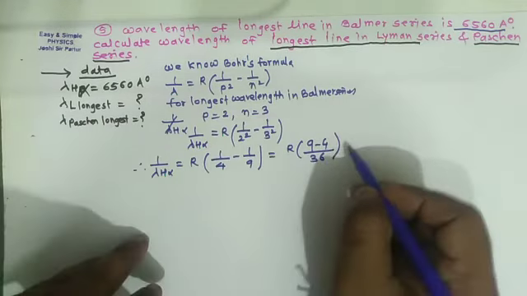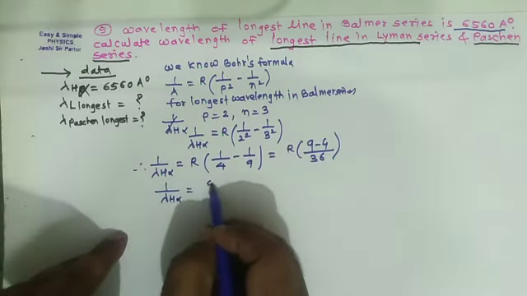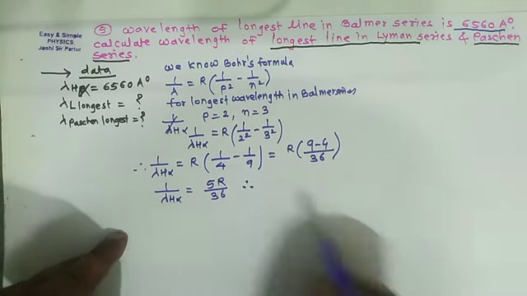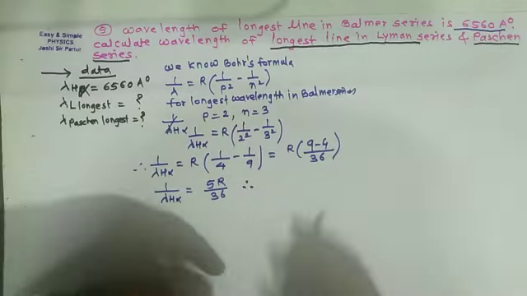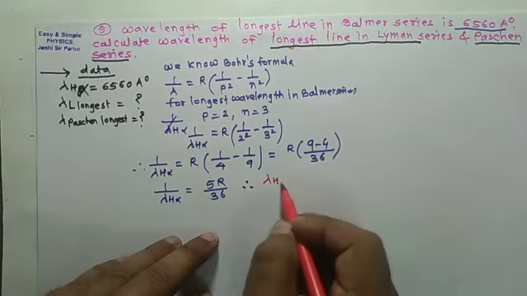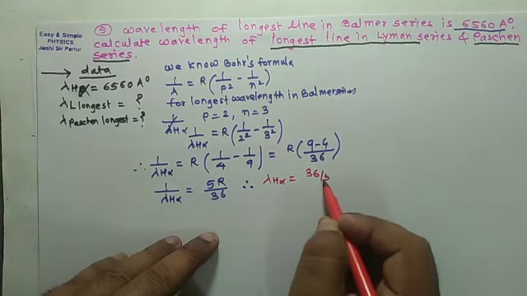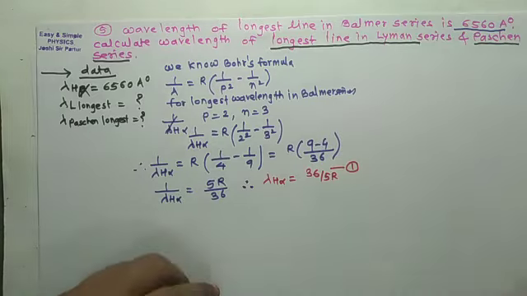So 1 upon lambda H alpha equal to 5R upon 36. Therefore lambda H alpha will be 36 divided by 5R. This is equation number 1.